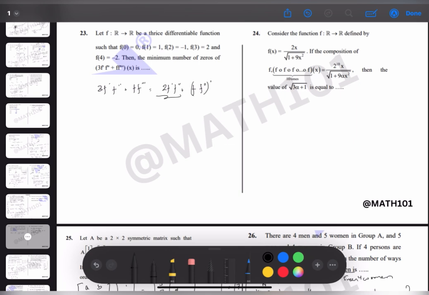And this is the derivative of f prime squared. So this is f prime squared's derivative plus this.